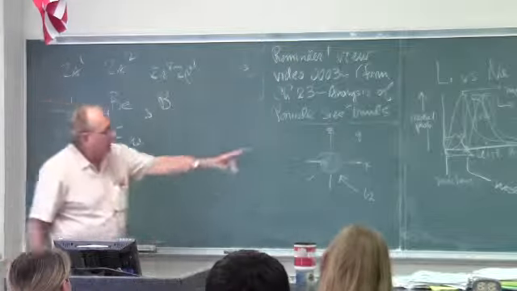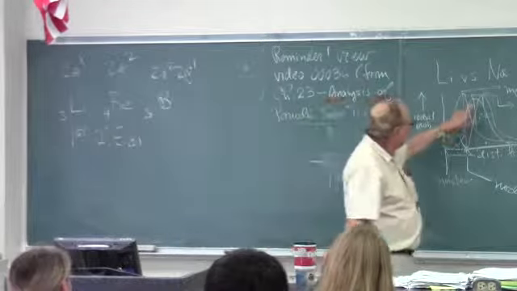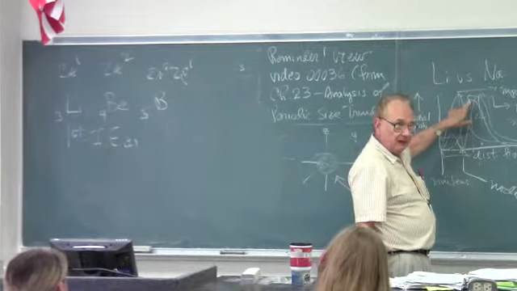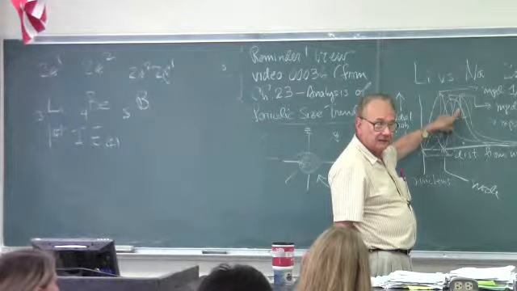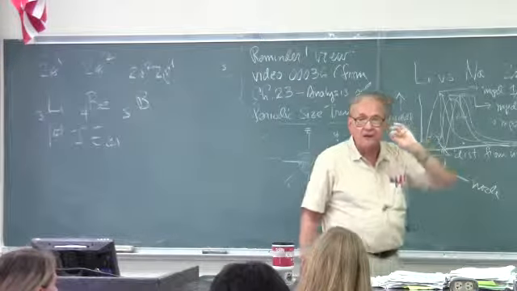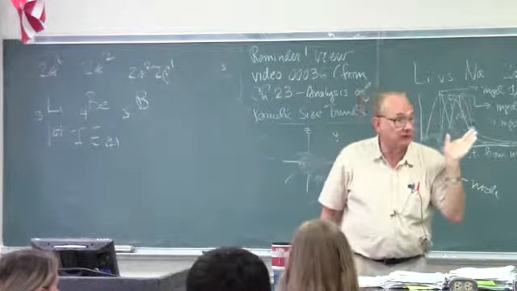Okay? And notice when I drew this, I showed you MPD2P is closer to the nucleus than MPD2S. Closer to the nucleus. And when I go from beryllium to boron, one more proton in the nucleus.